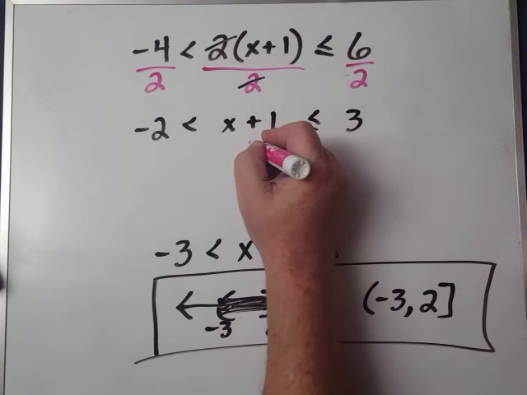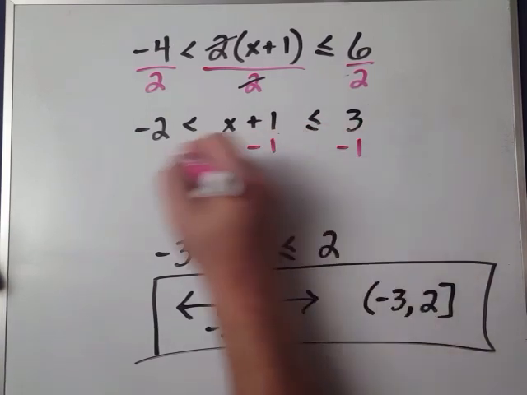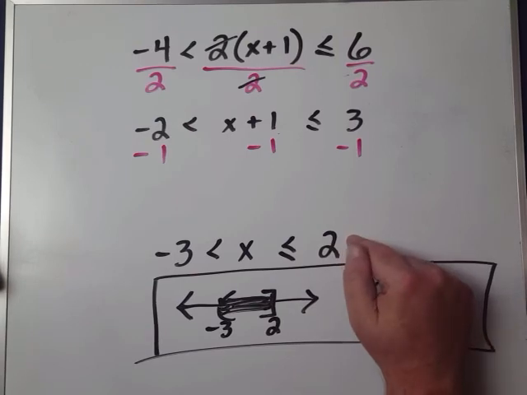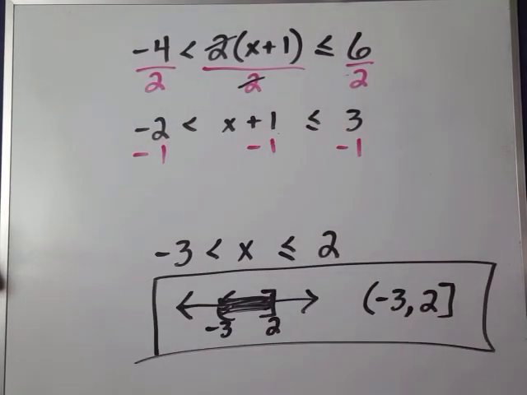And then to get x by itself, subtract 1 from all three parts. What's that give me? Same thing I got before, because I never broke the rules of algebra. So long as I don't break the rules, I should get the same answer. So that's just another approach that you can use on that particular problem.